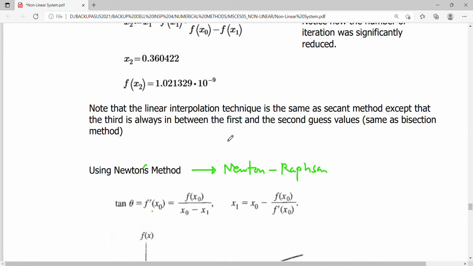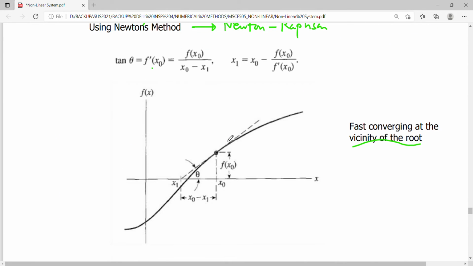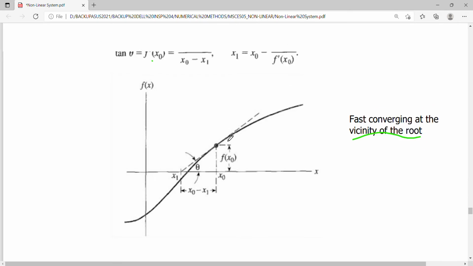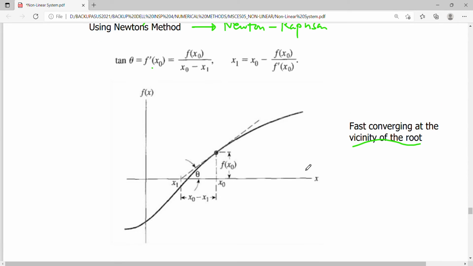But in Newton's method, you also save a guess value. You only need one guess value, which is x0, and the next value is already obtained by a simple equation, given to be this one.